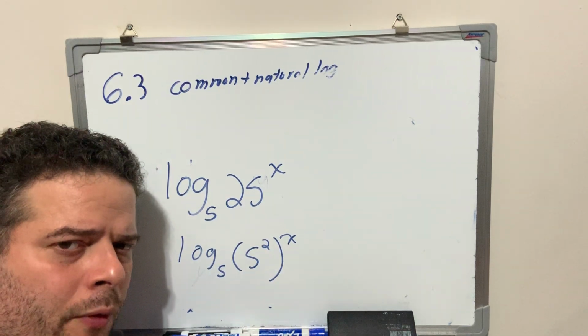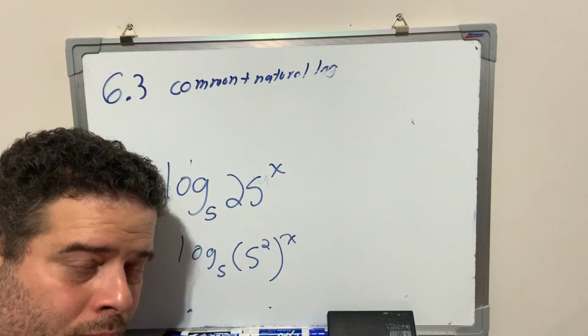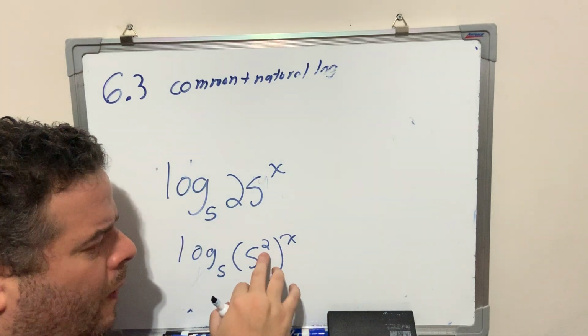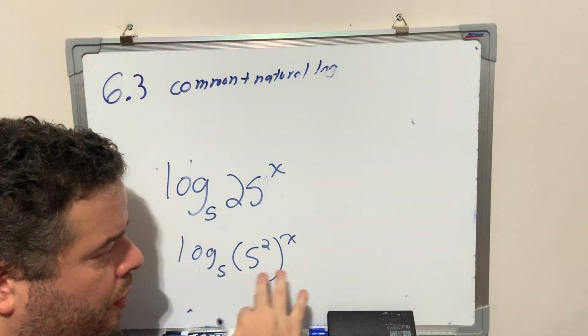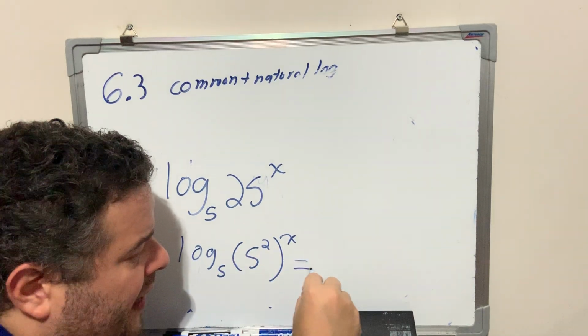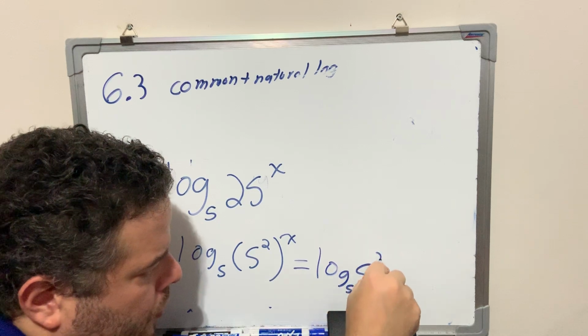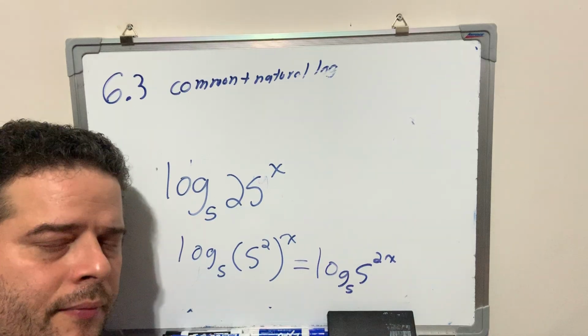Now, if you remember the rules of the powers and exponents, which you should know, or you're going to start having a lot of trouble from now on, power of a power, you just multiply. So this expression is identical to this expression. I multiplied the 2 and the x.